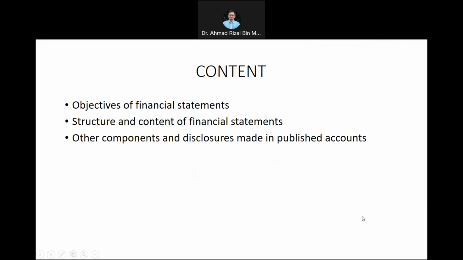We're going to look first of all at the objectives of financial statements, then the structure and content of financial statements, and finally, what are the other components and disclosures made in published accounts.